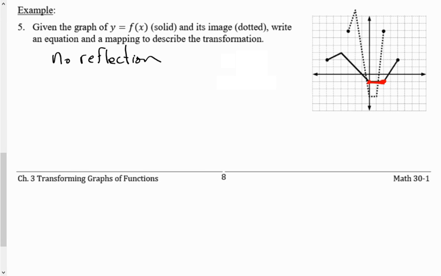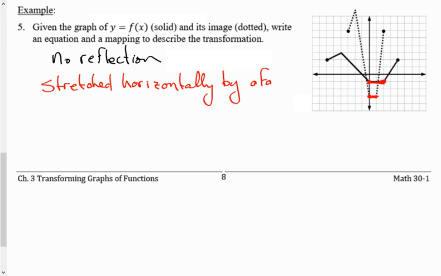Then I compare that on the image and I see, oh, that corresponding part is now 1 long. So it's half as big. That tells me it's been stretched horizontally by a factor of 1/2.